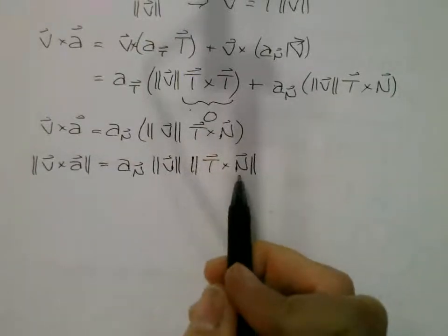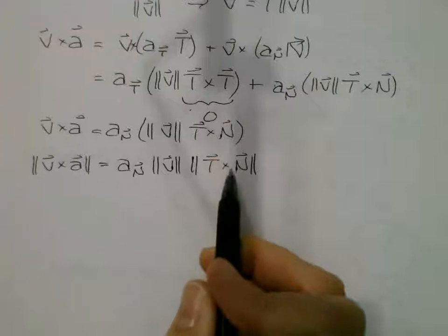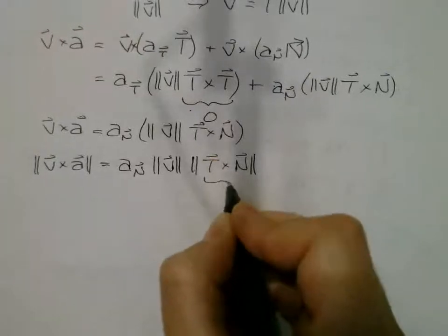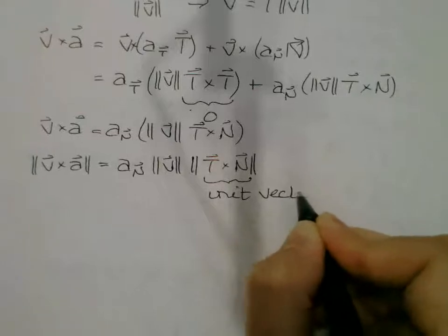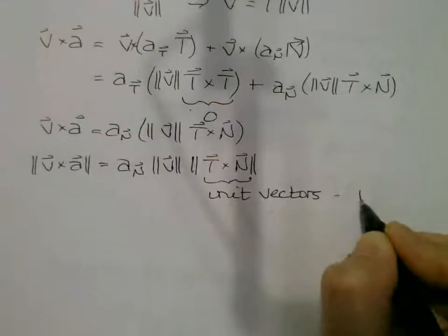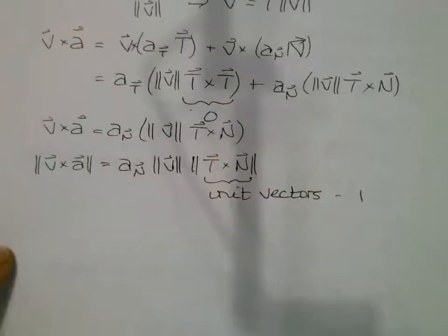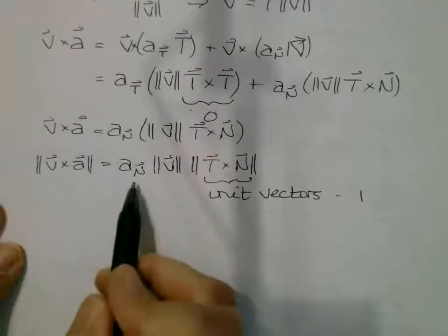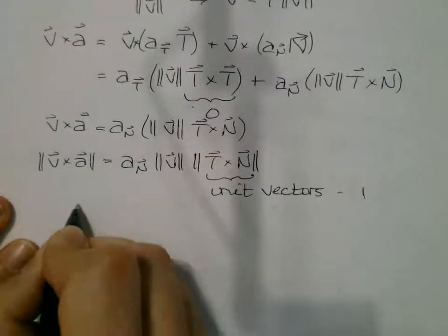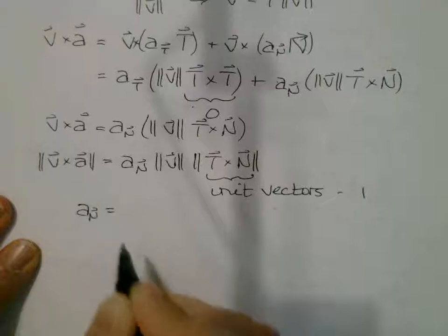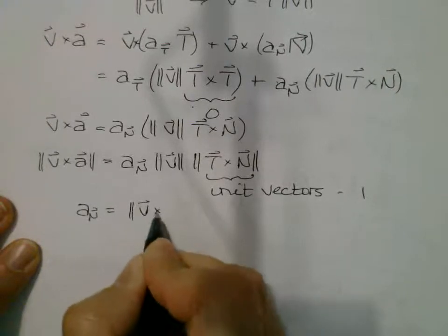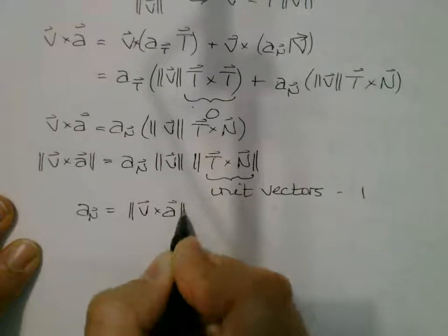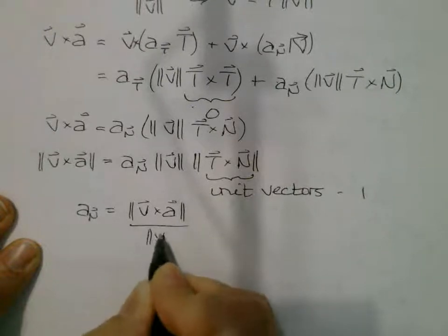T and N are both unit vectors, which means the magnitude of T cross N is 1. So this means we're almost there. I have a_N equals the magnitude of v cross a divided by the magnitude of v.